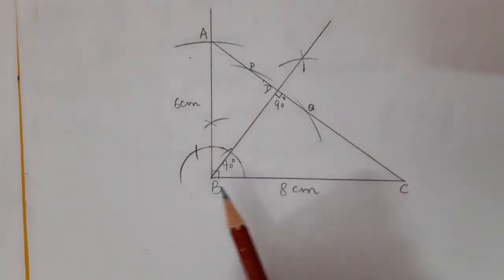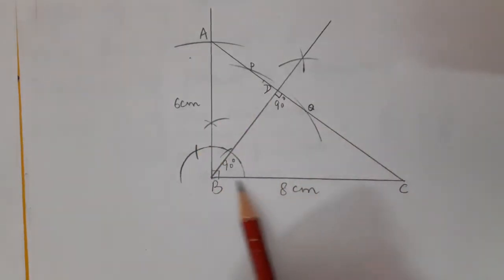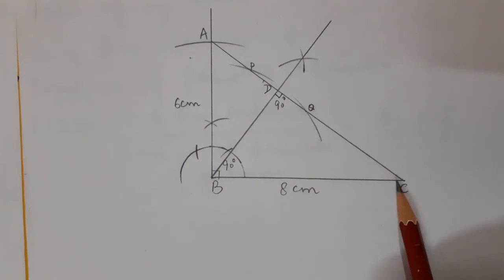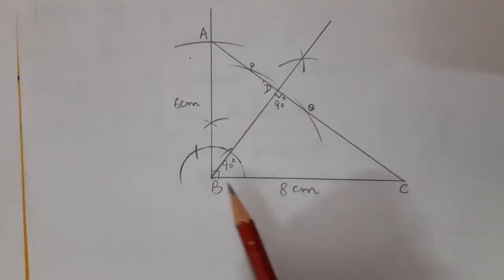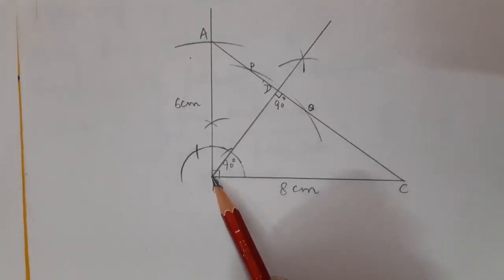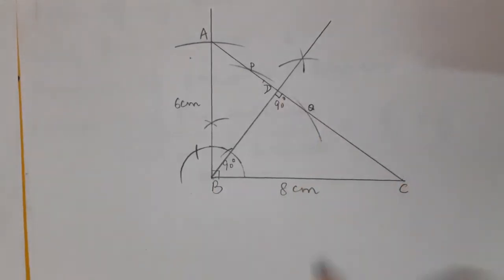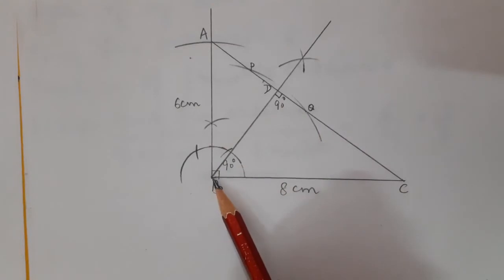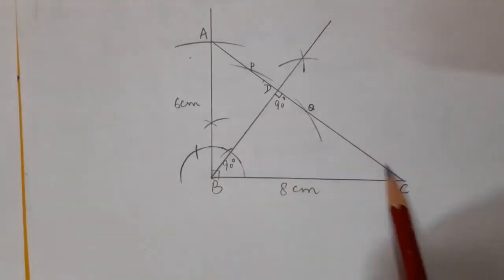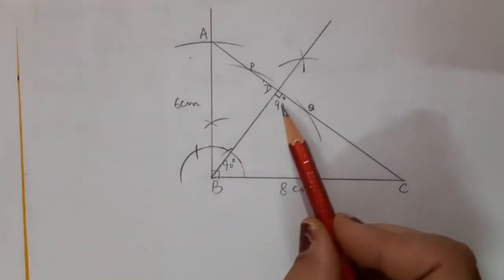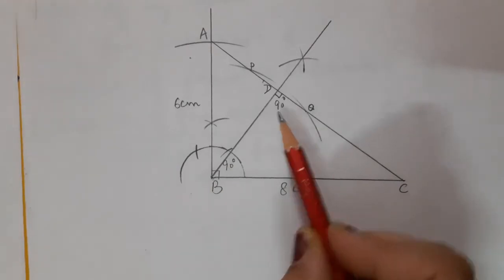Through this you can easily understand that BC will be the diameter for that circle. Then and only then a circle can be drawn passing from the point B, D and C. Here BC will be the diameter. Moreover, I know that in a semicircle, the angle subtended in the semicircle is always of 90 degree, which is already with us.